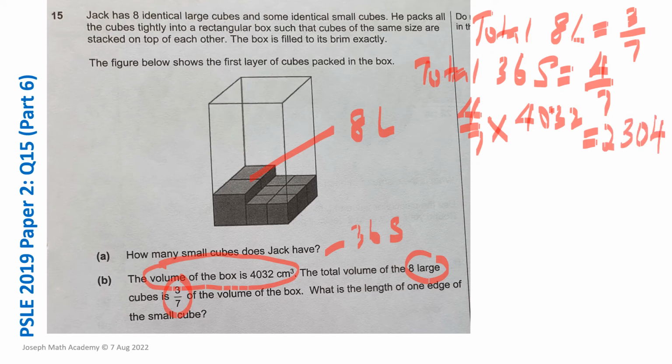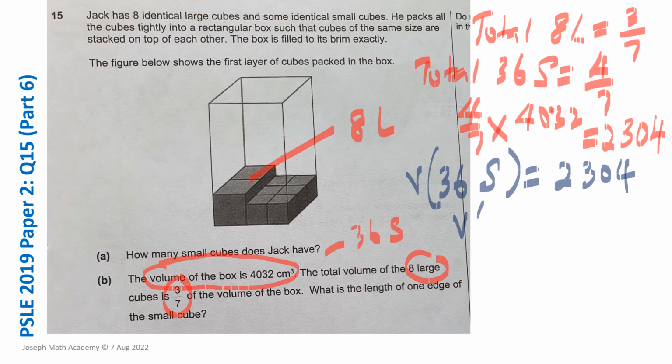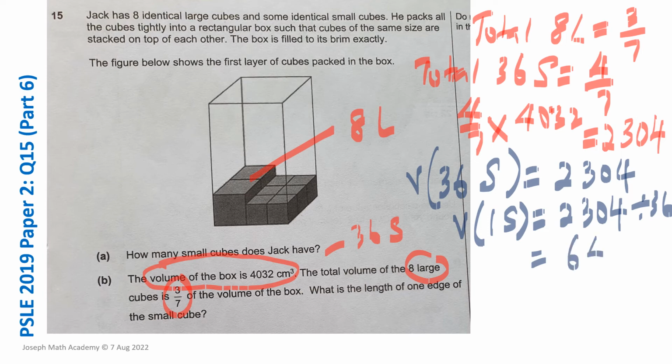So 2304 must be the total volume of 36 small cubes. So I'm going to rewrite. The volume of 36 small cubes should be 2304. Now, what is the volume of one such small cube? So you will take 2304 divided by 36. After dividing, we get 64.